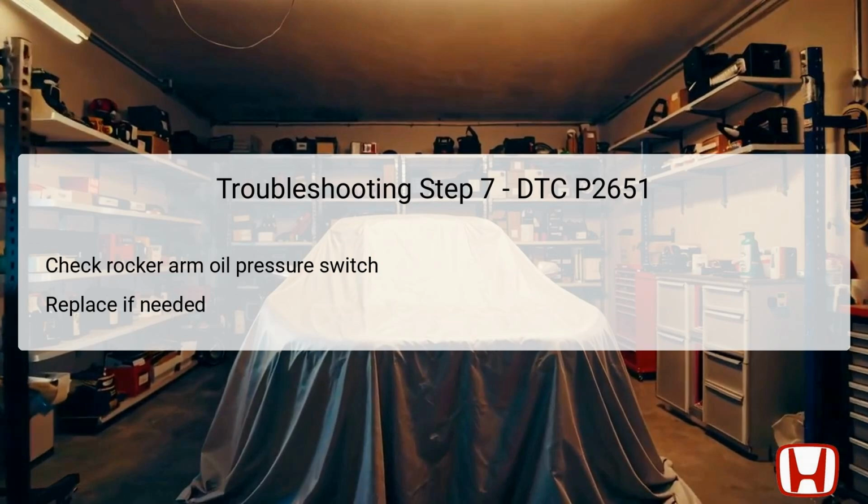If continuity is present, it signifies that the switch is functioning appropriately, allowing you to conclude the diagnostic process and reassemble the components. However, if no continuity is detected, it indicates internal malfunction within the rocker arm oil pressure switch, necessitating replacement.